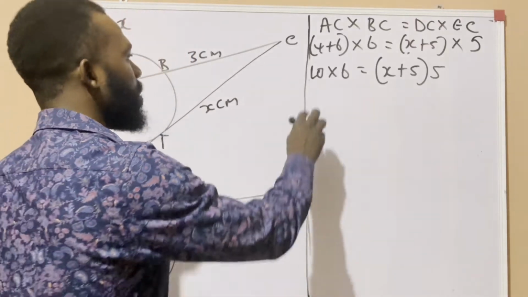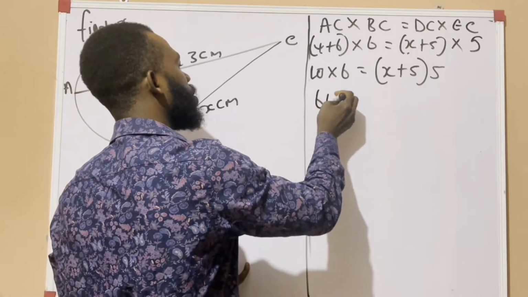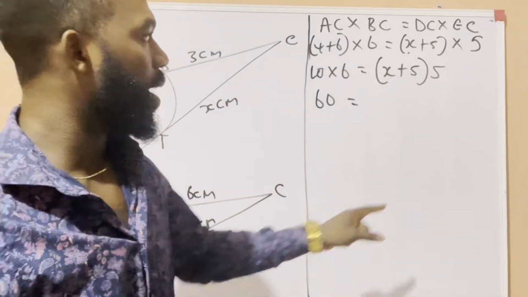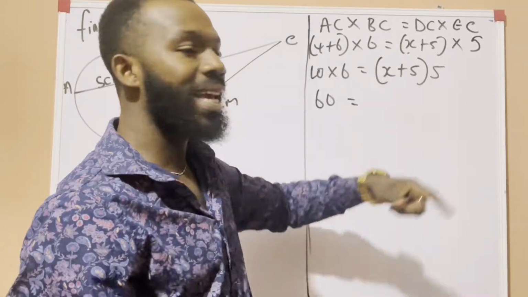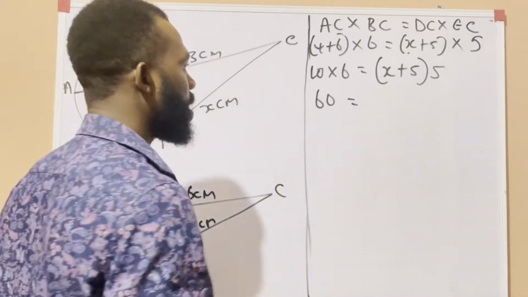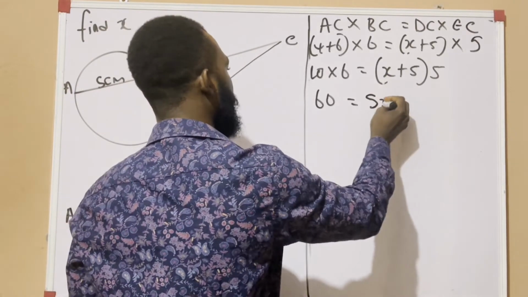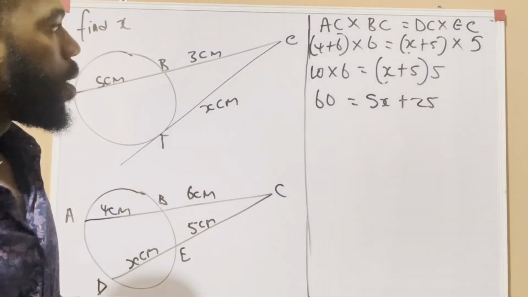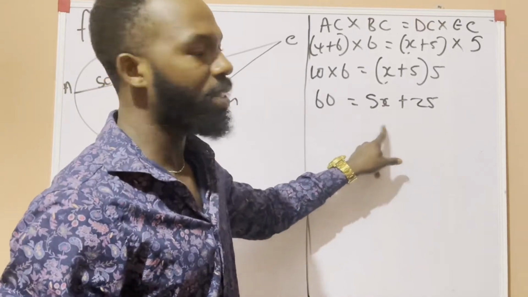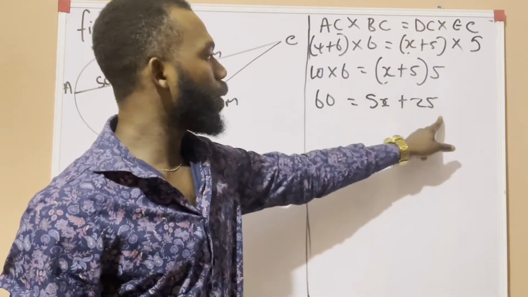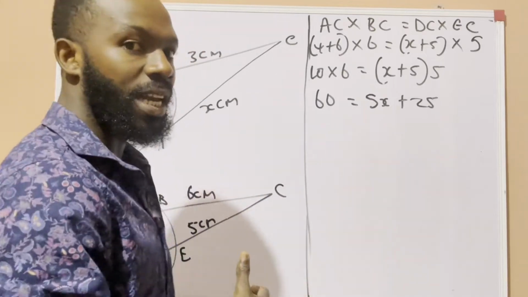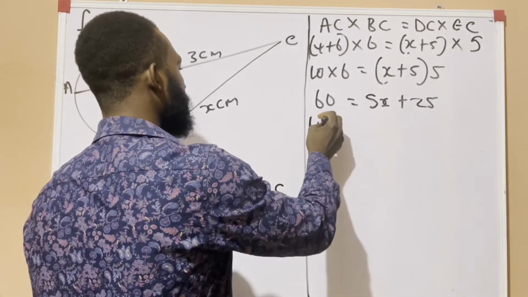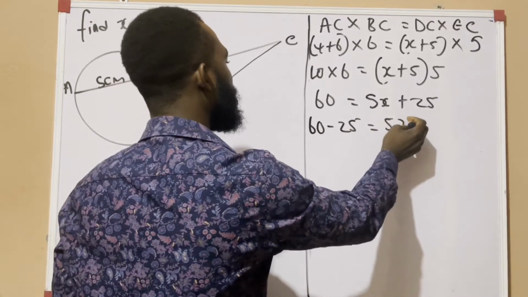Without wasting time, 10 times 6 gives us 60, is equal to, now we are going to open the bracket. When we are opening the bracket, the number outside the bracket multiplies everything inside the bracket. So class, 5 times x gives us 5x, plus 5 times 5 gives us 25. Because 25 can't be added to 5x, we have to collect like terms. When plus 25 crosses the equality sign to the left hand side of the equation, we get minus 25. So here it becomes 60 minus 25 is equal to 5x.